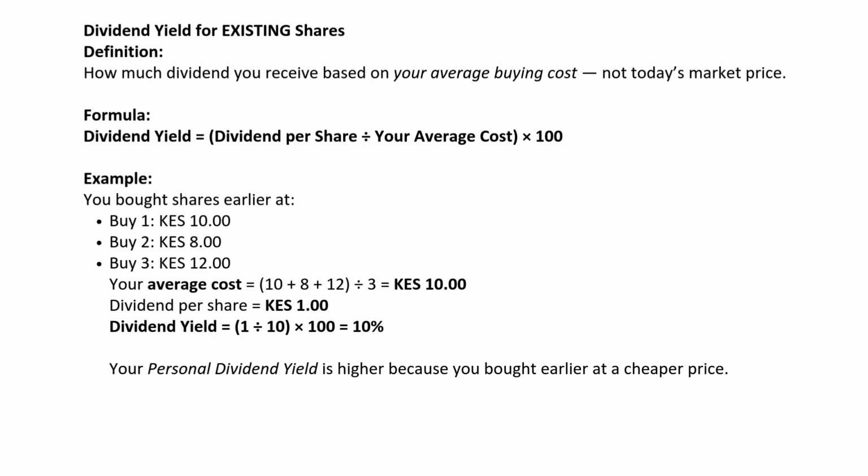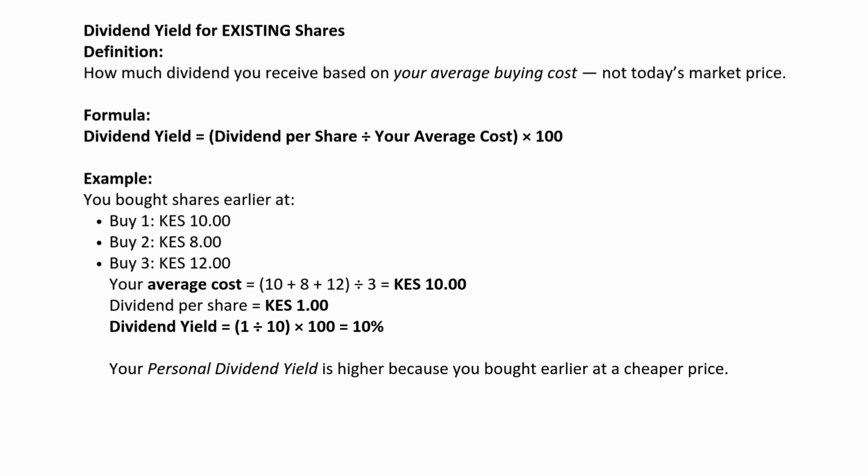So dividend yield for existing shares equals dividend per share divided by your average cost. That average cost you can get from portfolio valuation, then times 100. If you have accounts with multiple brokers, I've shown you how to use stockanalysis.com to combine those portfolios into one.